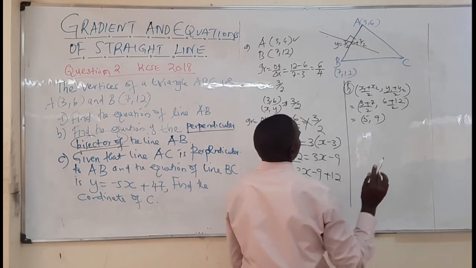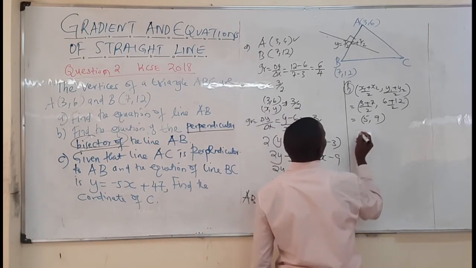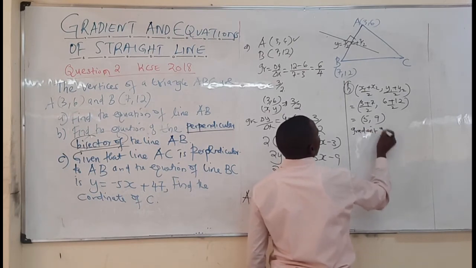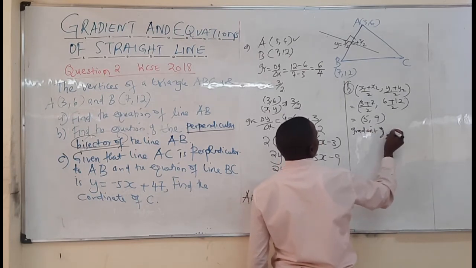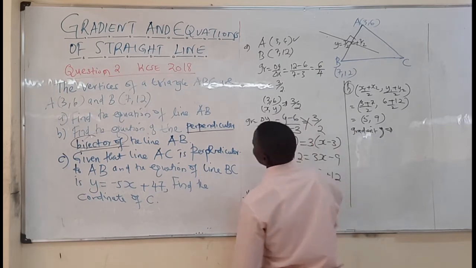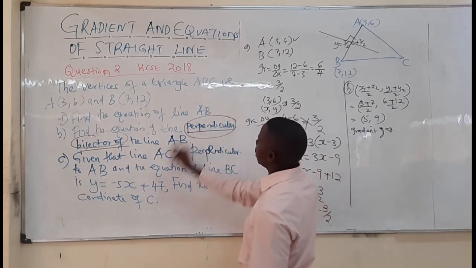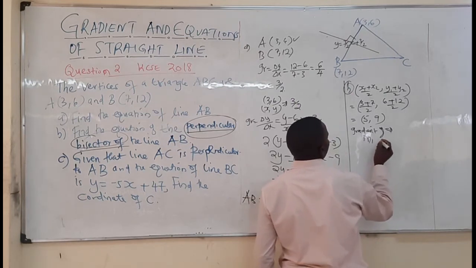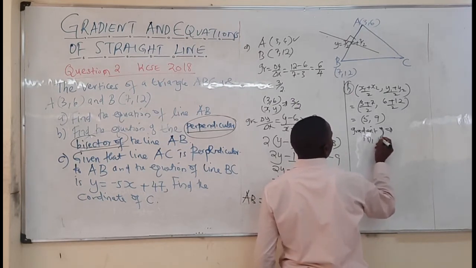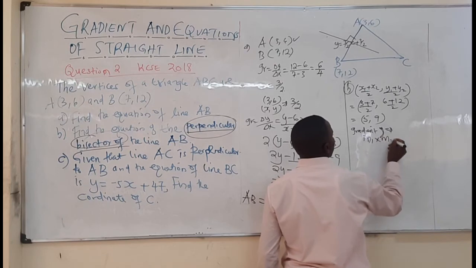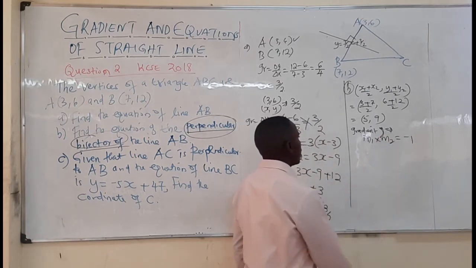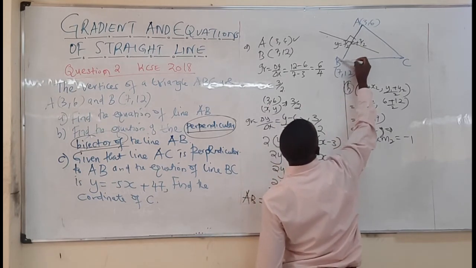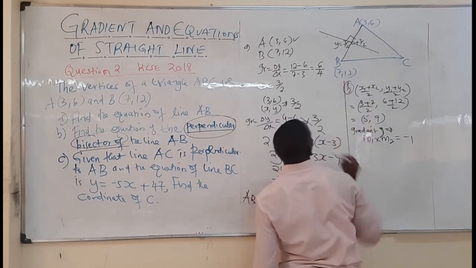The next thing we need to ask ourselves is the gradient of this perpendicular bisector, and because it is perpendicular, we know that for perpendicular lines, the product of the gradients is, of course, equal to minus 1. Then we know that the gradient of line AB is 3 over 2.